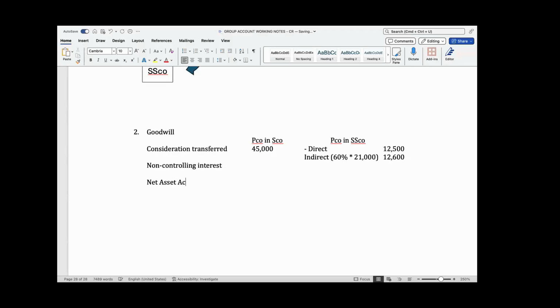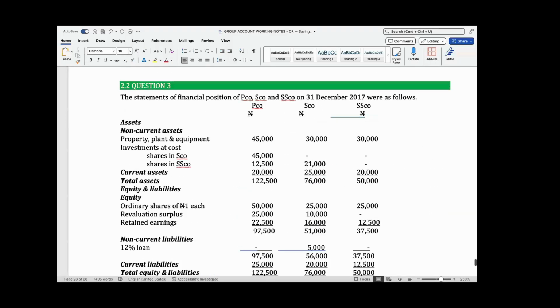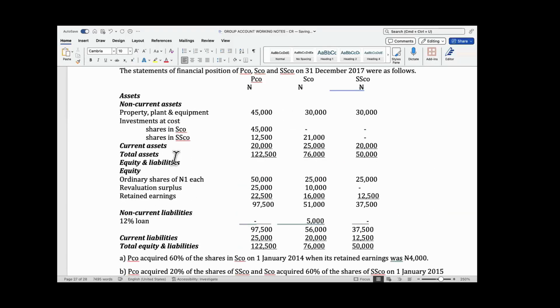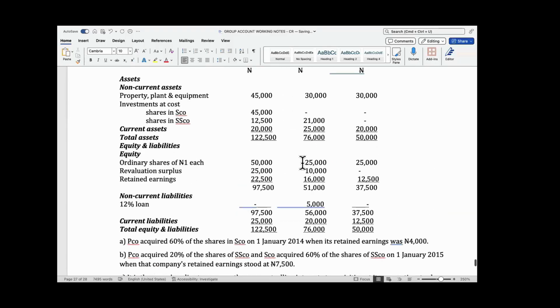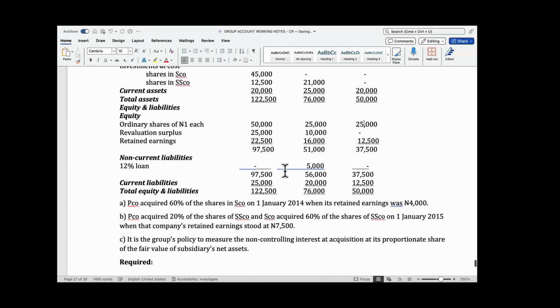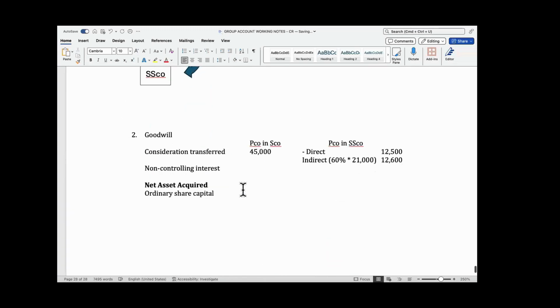Let me do my net assets acquired. What's the ordinary share capital of ESCO? 25. Okay, 25.